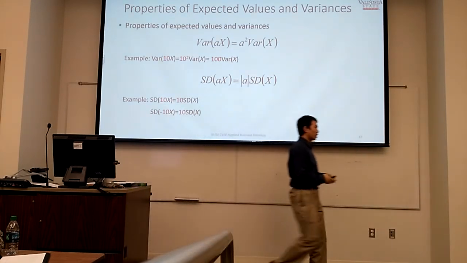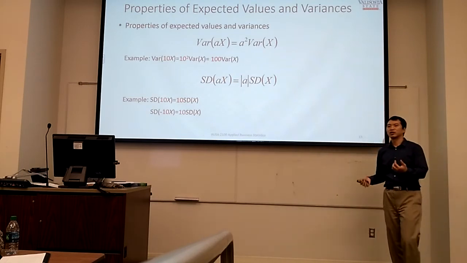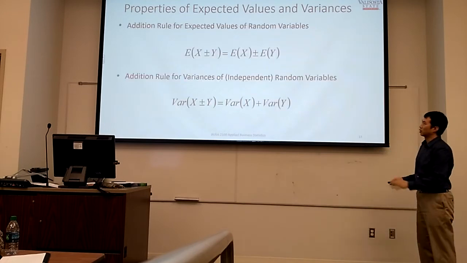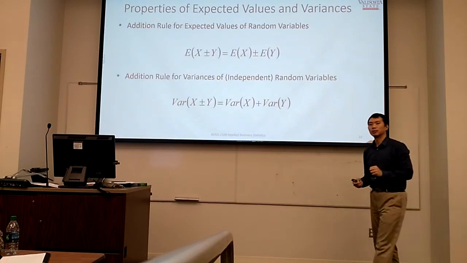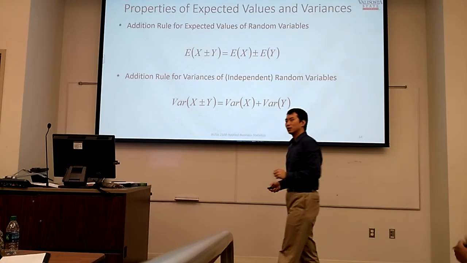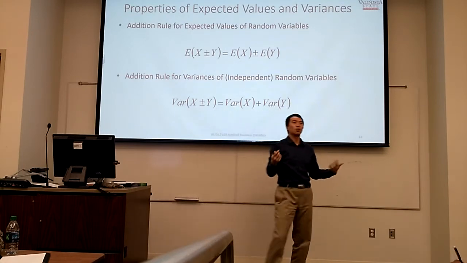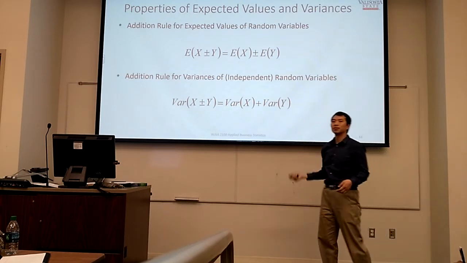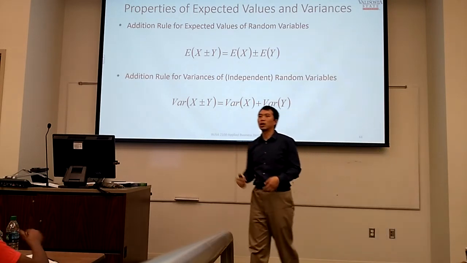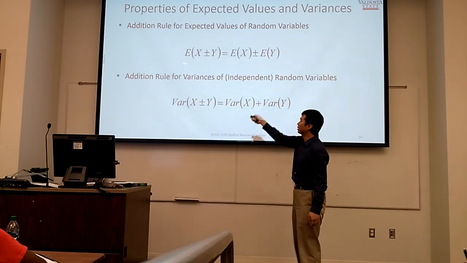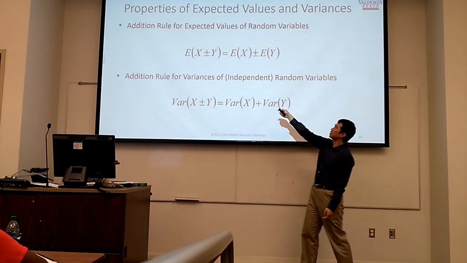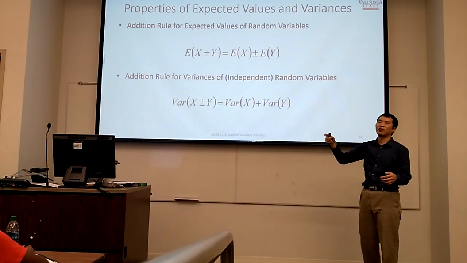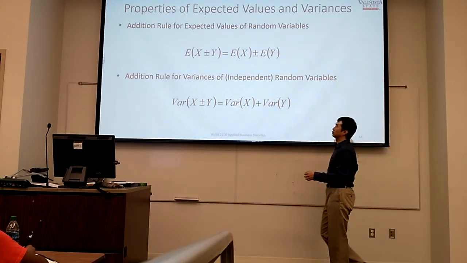So here we were talking about different combinations of a constant and a random variable. Next we will talk about two random variables. If we have two random variables, x and y, and we want to calculate the expected value of the sum or the difference, that is equal to the expected value of one random variable plus or minus the expected value of the other random variable.